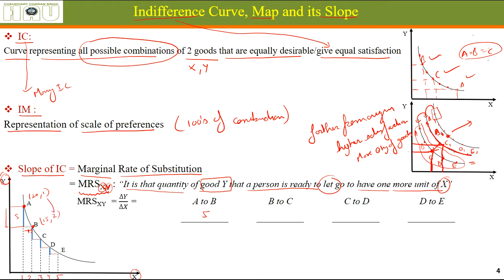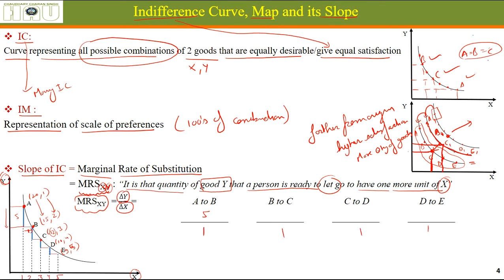So for gaining one more unit of X, he gave up 5 units of Y. Okay, and now moving from B to C, let's say he gave up 3 units of Y to have one more unit of X. Now from C to D, let's say he gave up 2 units of Y to have one more unit of X. Now let's say he gave up only 1 unit of Y to have one more unit of X. If you write it mathematically, that is the change in units of Y to gain one more unit of X, where delta X is 1 in all the cases.